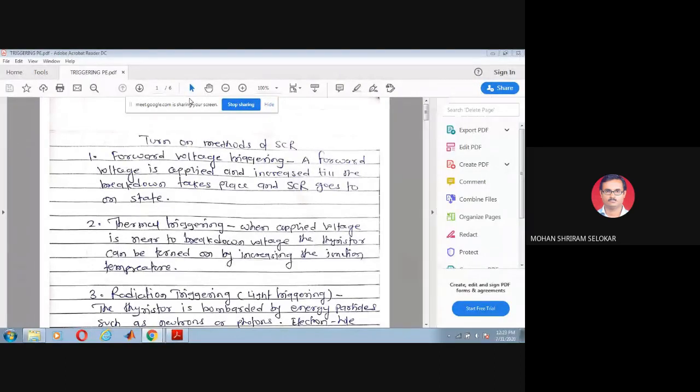If there is enough voltage across the anode and cathode to break down junction J2, conduction takes place, and then the SCR is in the on state. Is it clear? This is the simplest method for triggering the SCR or any other thyristor family device.